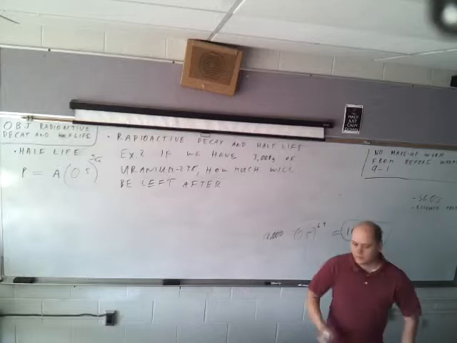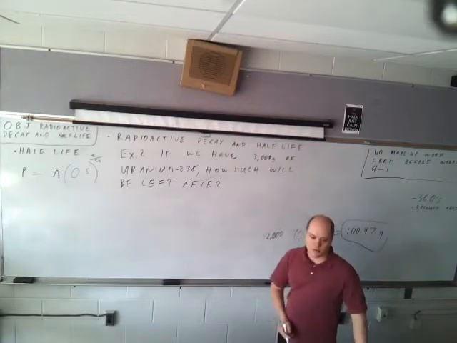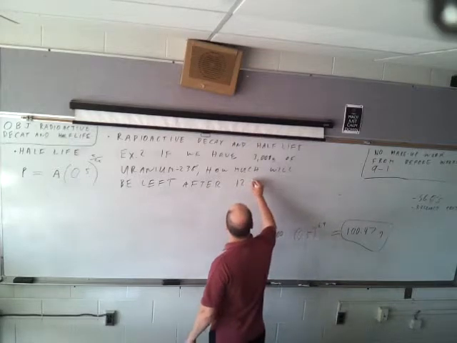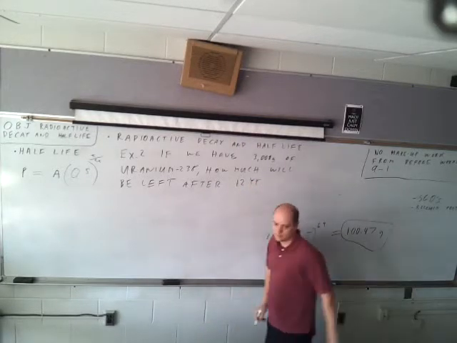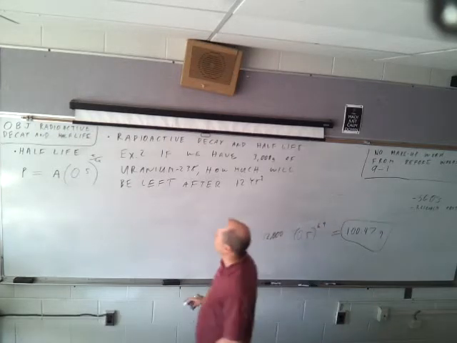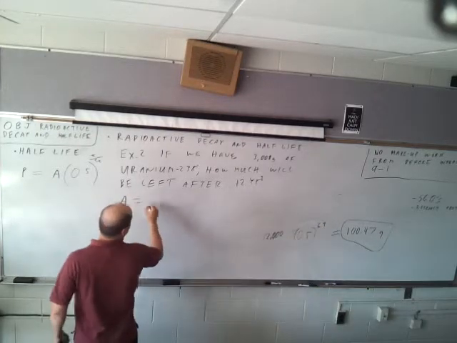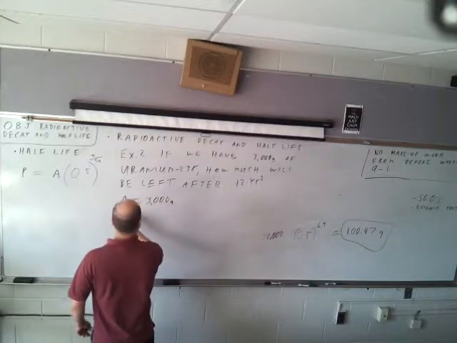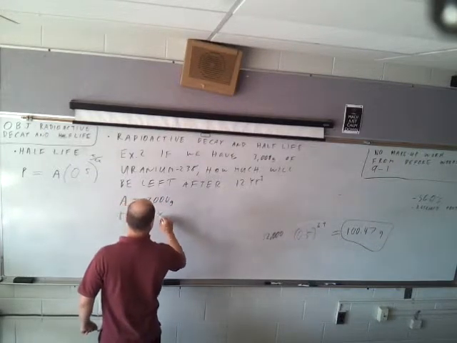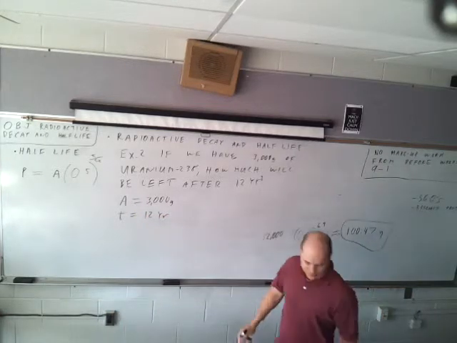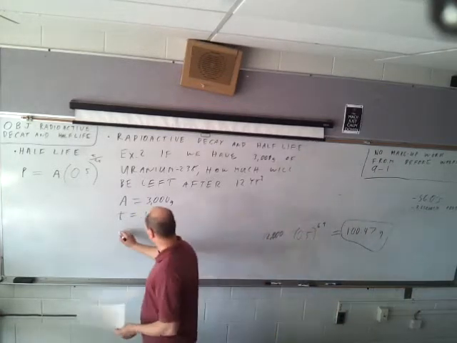We have to convert it to years though. 12 years. All right, 12 years. So A is 3,000 grams. T is 12 years. And here's the fun part. Uranium-238 has a half-life of 4.46 billion years.